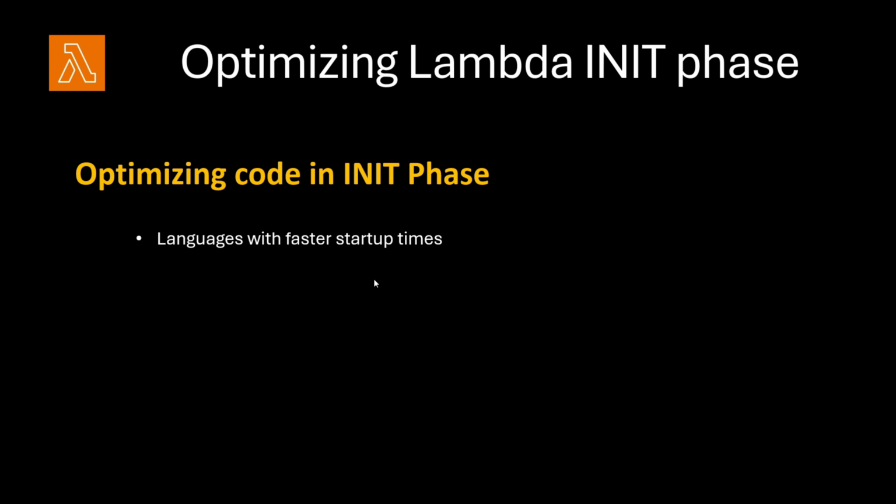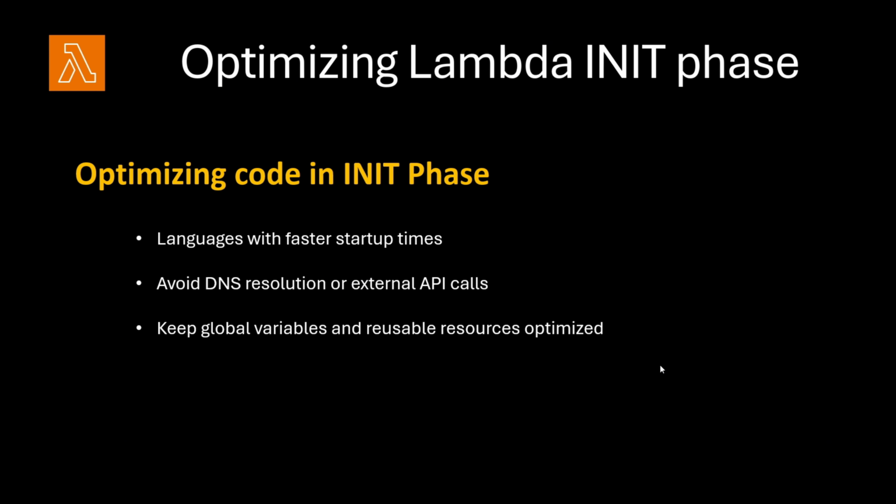Generally, they have faster startup times compared to compiled languages like Java or .NET, especially for small functions. You can also avoid DNS resolution or external API calls. So in case you are running any DNS resolution or external API calls within the init phase, you could move that to the Lambda handler. You can keep global variables and reusable resources optimized so that they don't slow down the cold start.